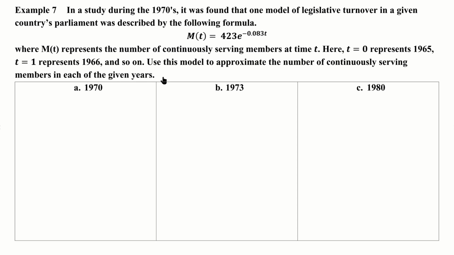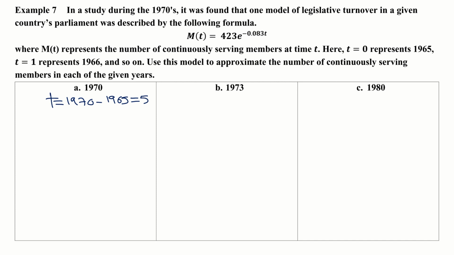Use this model to approximate the number of continuously serving members in each of the given years. The only tricky part of this problem is that you can't just type in the year for t. They're very specific about what t represents, and that's the number of years after 1965. So to find t in 1970, all you have to do is go 1970 minus 1965, and you find out that it has to be 5.